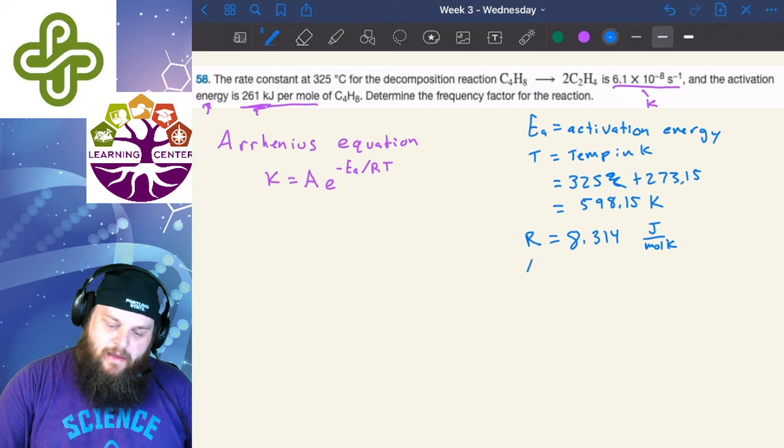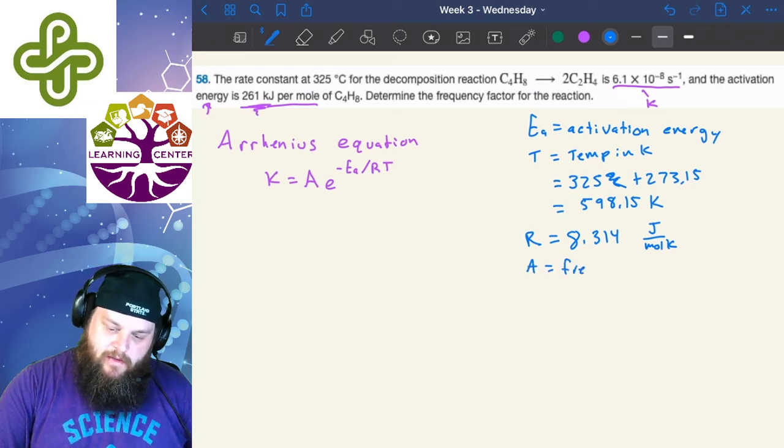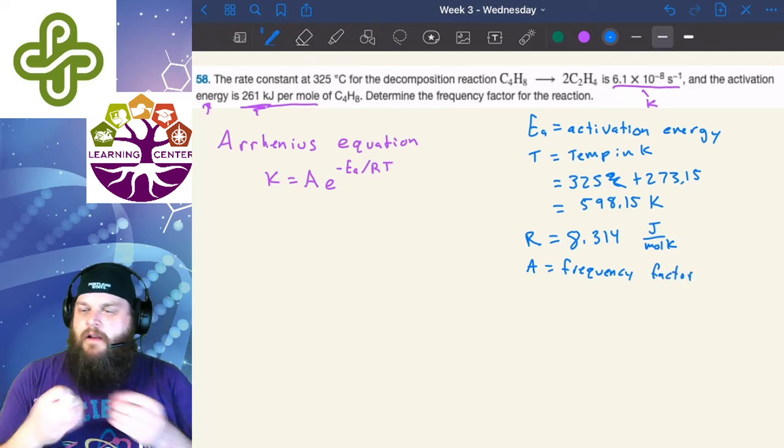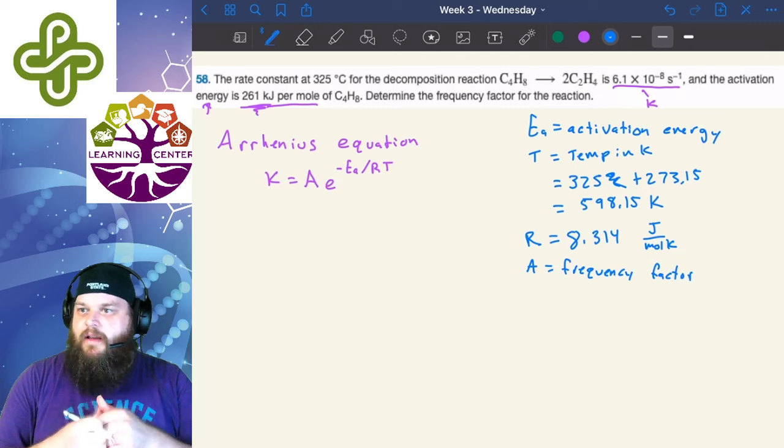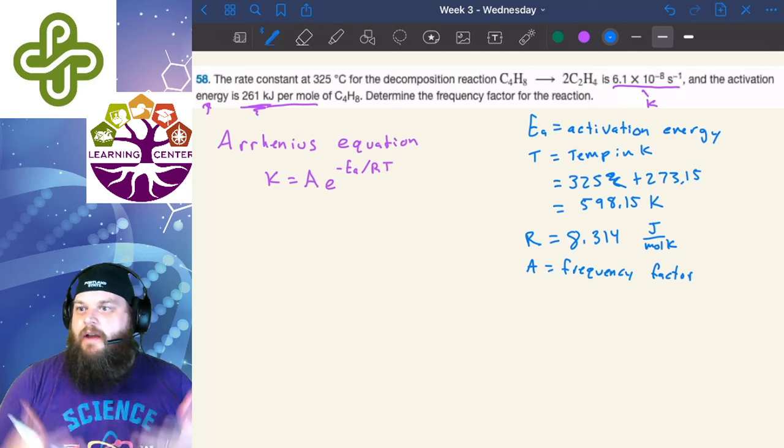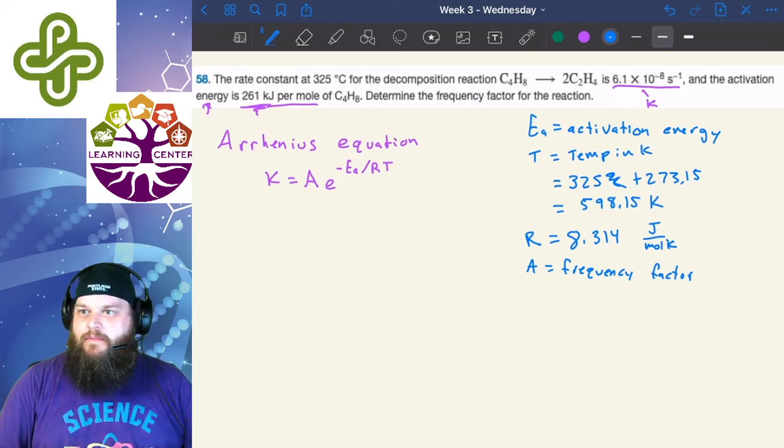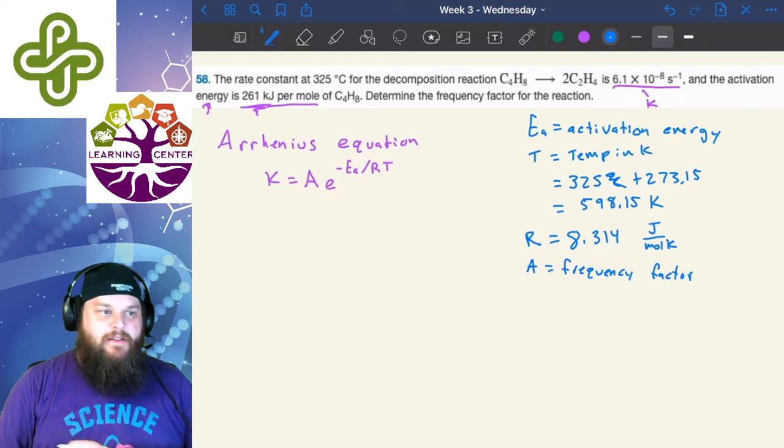And A is equal to that frequency factor. This all has to do with kind of how often different atoms or molecules collide into each other. The higher the temperature, they have a higher chance of doing that, essentially.